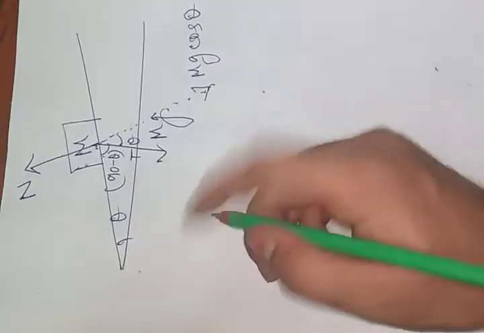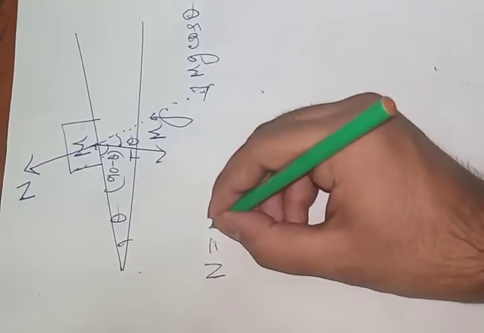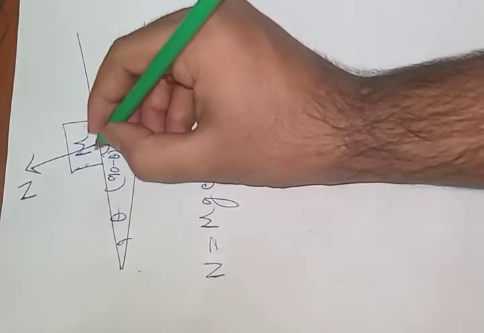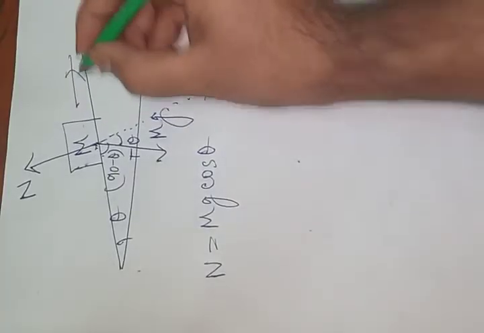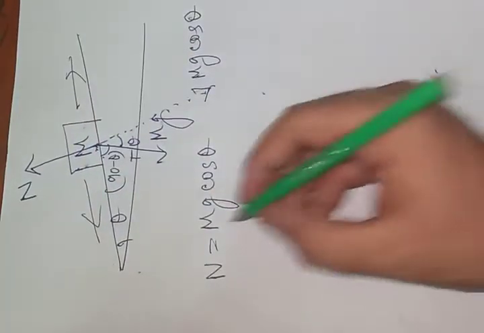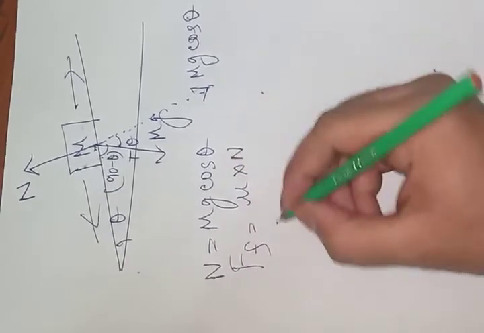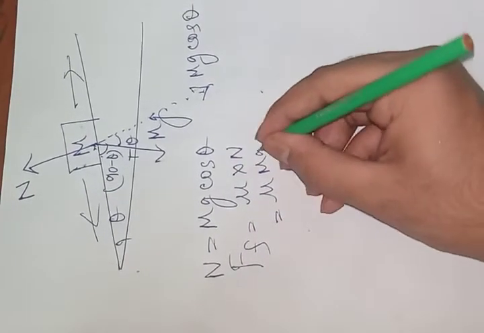Now since the block is at rest, N equals mg cos theta. So the friction force, whether it is in this direction or in this direction, is mu times N, and that is mu mg cos theta.